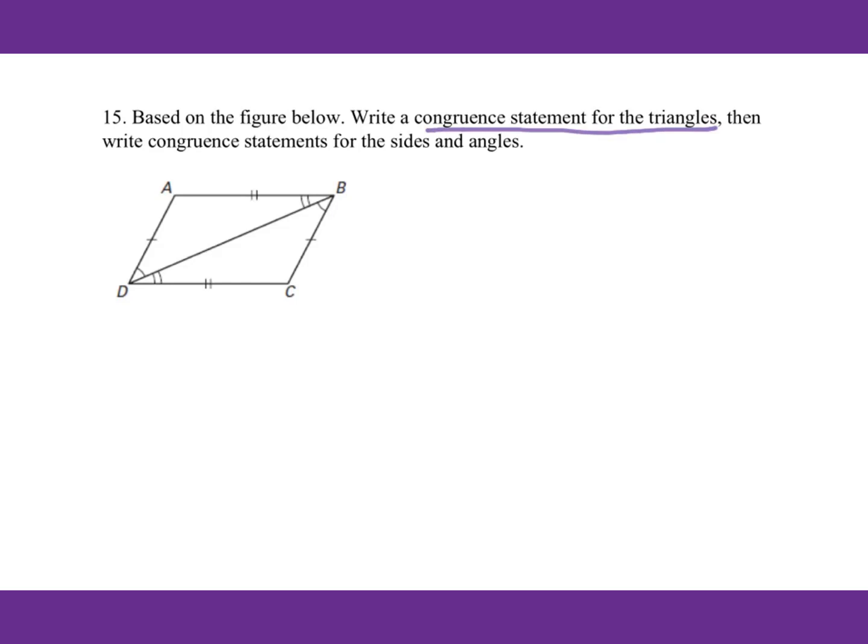For example, for this A, the corresponding vertex will be C. For B, the corresponding vertex will be D. Therefore, you can write down triangle ABD is congruent to triangle CDB.